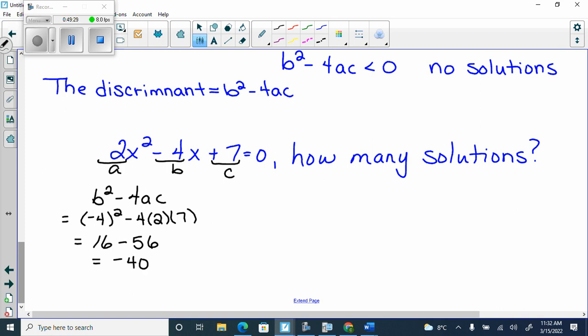How many solutions am I going to have if that negative 40 is sitting under a square root symbol, which is what it's doing, if I do the whole quadratic formula? I'm going to have no solutions, right? So, you have a little tiny thing on this.